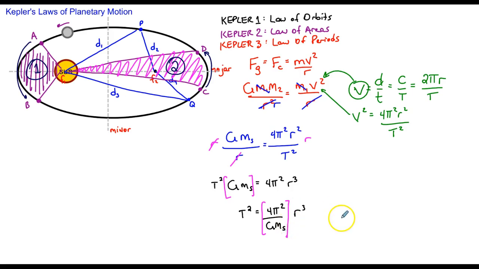We can see that this is a constant. That means it's a constant for every planet in the same star or solar system. And so we can see that there is a relationship between the square of the object's period and its distance away from that central object, in this case, the sun. And so the law of periods establishes that relationship. Those are Kepler's 3 laws of motion.